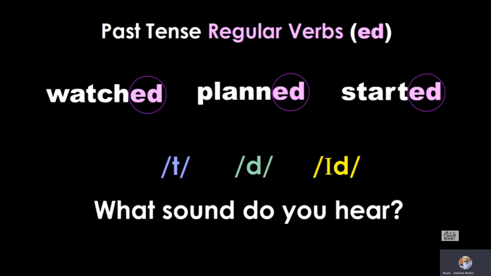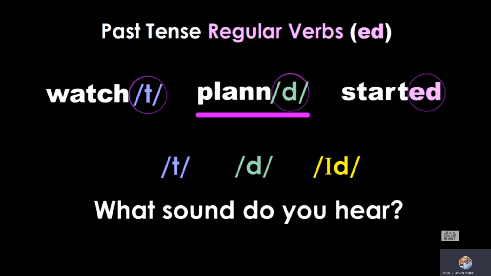Listen again to the pronunciation of the verbs. What sound do you hear? For example, watched. That's right, it's the t sound. Next, planned. That's right, it's the d sound.